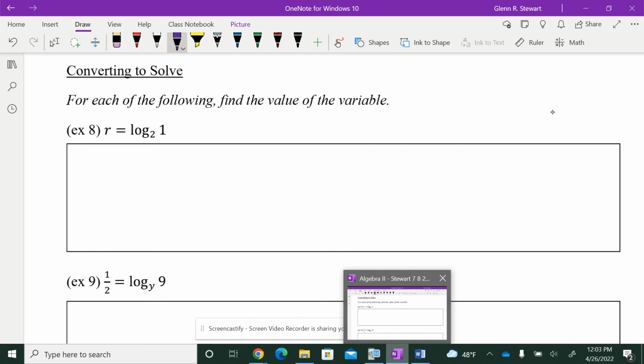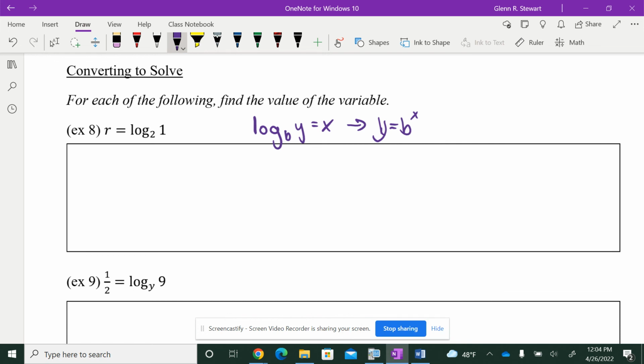Let me write them here for us. We've got log base b of y is equal to x, and in this case, we're changing it into y is equal to b to the x. So this is my x. This is my b and my y.